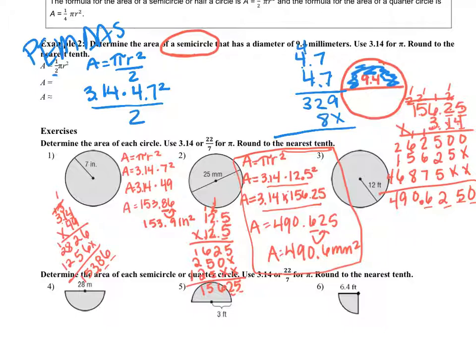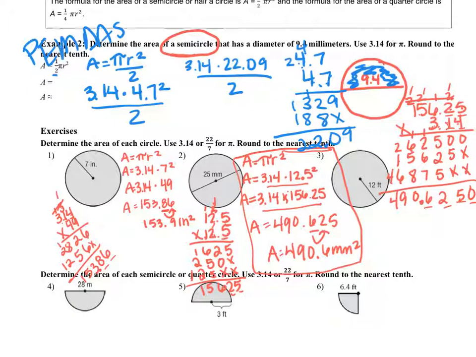Then 4 times 7 is 28, and so on, giving 22.09. So we're going to get 3.14 times 22.09 divided by 2.